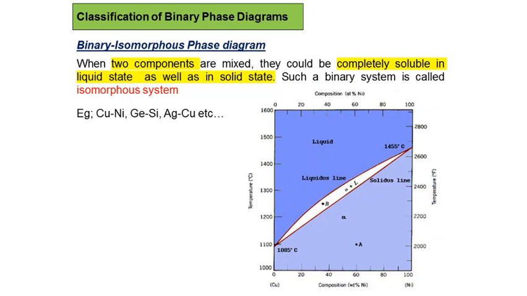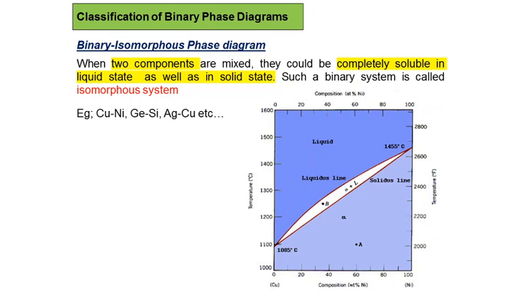Next we mark the melting point of the copper. Pure copper is represented on the left extreme end. On the left y-axis, we mark the melting point of the copper, which is 1085 degrees centigrade, already marked on the y-axis. On the extreme right-hand y-axis, we mark the melting point of the corresponding element B, which is nickel. The melting point of nickel is 1455 degrees centigrade.